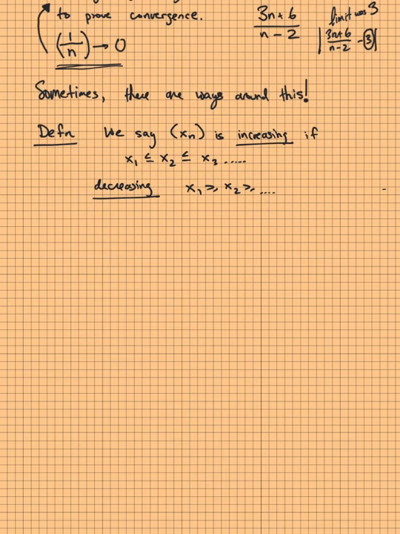So I'm assuming that they can be equal. Sometimes you can say a sequence is strictly increasing or strictly decreasing if you want strict inequalities rather than less than or equal to or greater than or equal to, but this won't really come up too much for us. So we say xn is monotone if it is either increasing or decreasing.